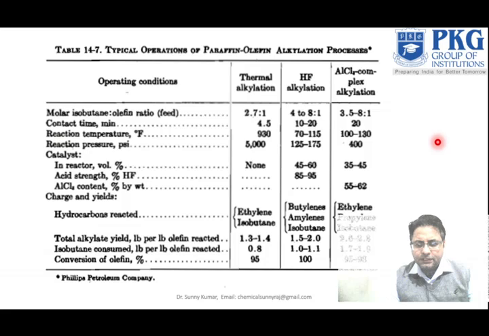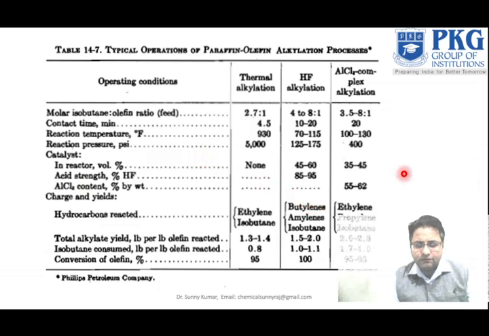The reaction temperature is 100 to 130, which is slightly higher in comparison to HF alkylation, and the reaction pressure is 400, which is higher than the HF alkylation, and the catalyst in the reactor is 35 to 45%, and acid strength is not required.